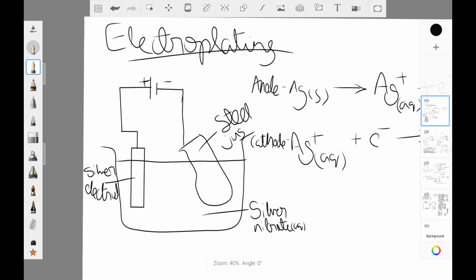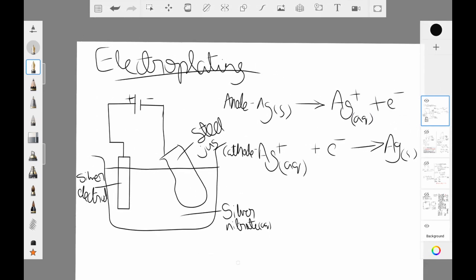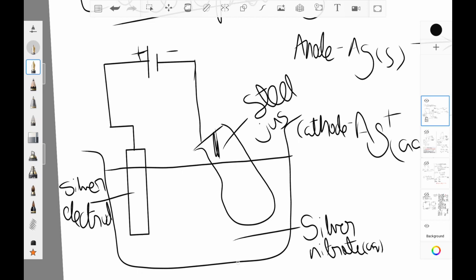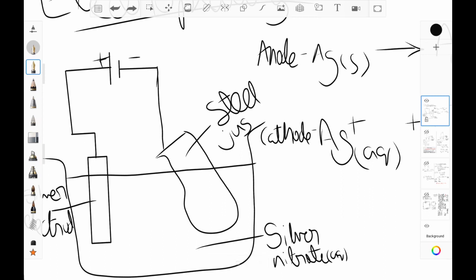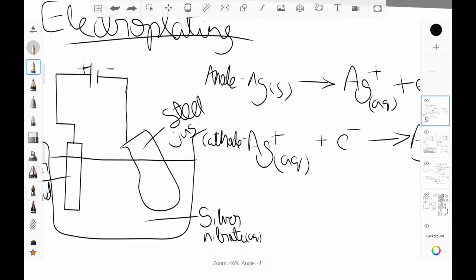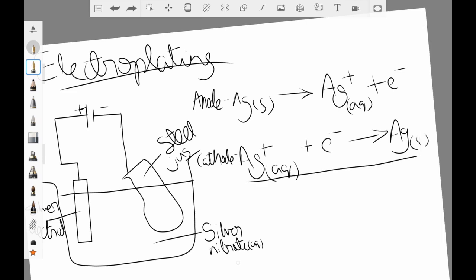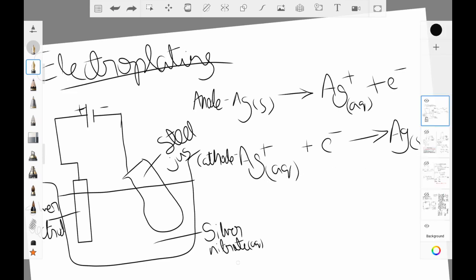So generally speaking, the thing that you want to electroplate, in this case a steel jug, will be in place of the cathode. So as you can see, usually the cathode will be here, but instead I've connected it to the steel jug. So it's going to be coated with silver, as explained by this second half-cell ionic equation. And as this occurs, you'll see this silver anode diminish or dissolve.